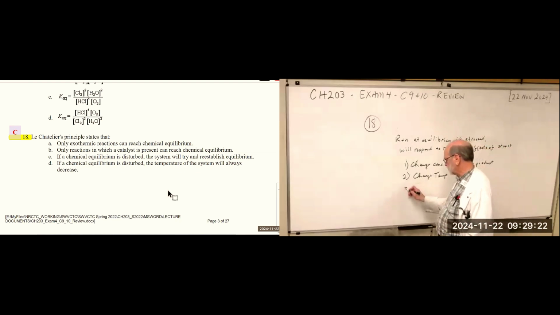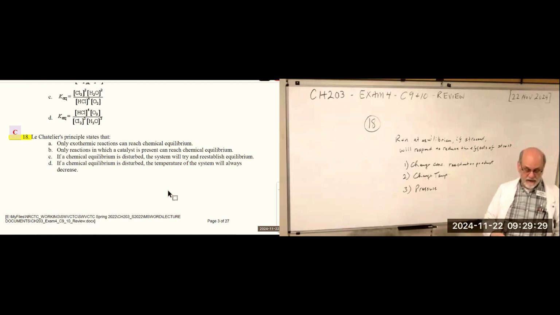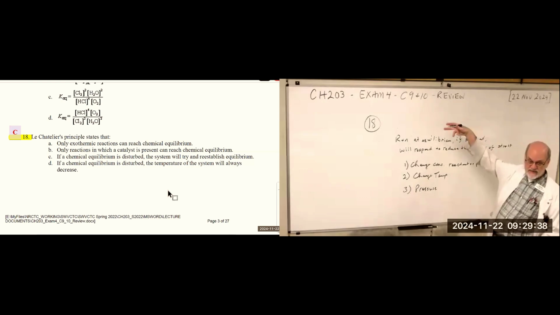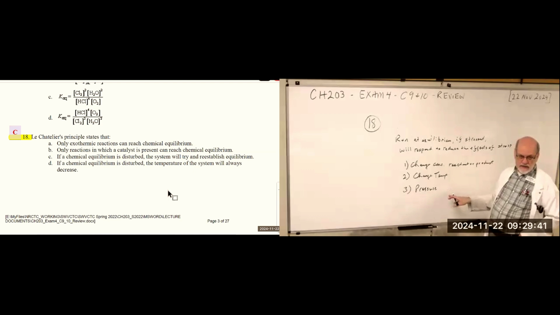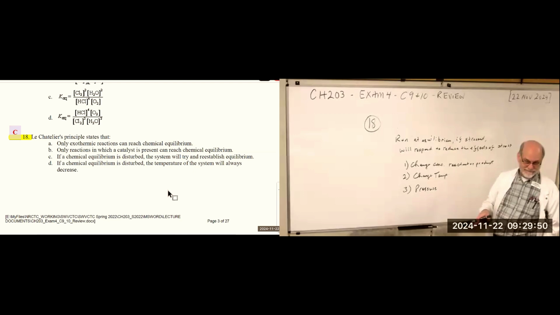And then what's the third one? Pressure. Change pressure. Now, what would happen if, say, we had a gas reaction like I wrote up there before, in 17, and we altered the partial pressure of one of the reactants or products? Does it always change the equilibrium position?